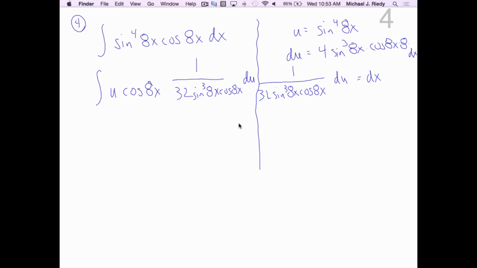Is that weird? All right, so then cross out the cosine 8x's, and we are left with the integral of u over 32 sine cubed 8x du.